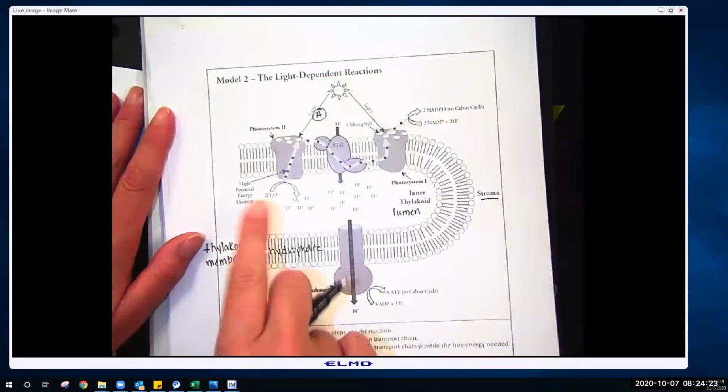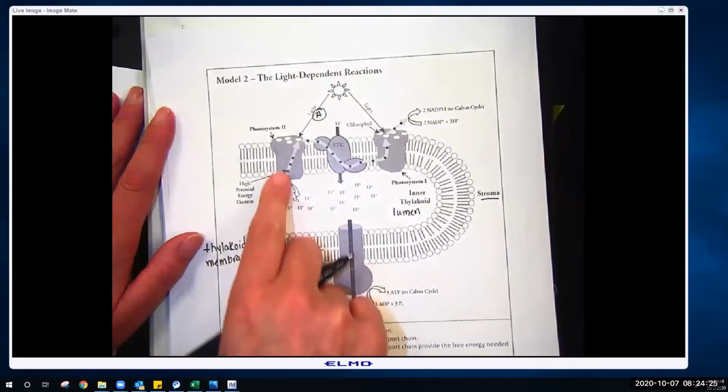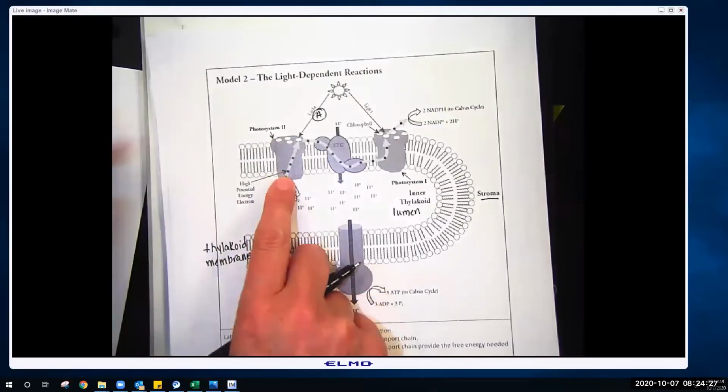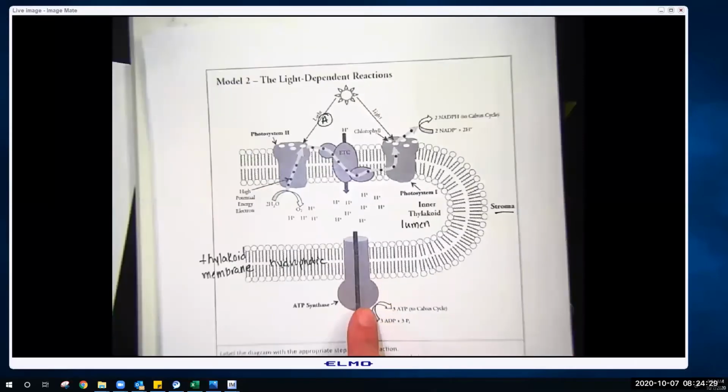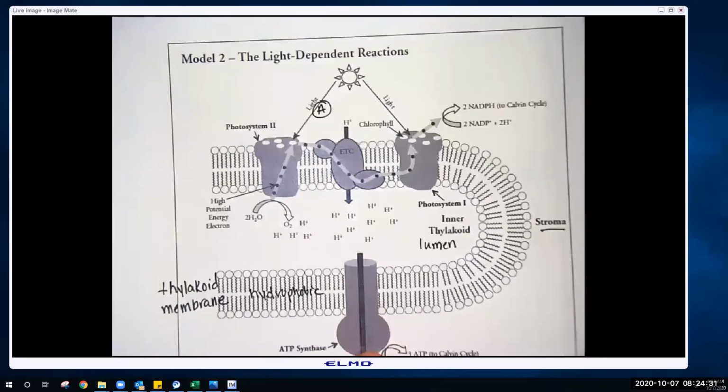What it is hitting here, this is called photosystem 2. What the photosystem is, it's a group of proteins that hold a whole bunch of pigment molecules. And a pigment molecule is just a molecule that we can see because it has a color, but those are molecules that can absorb light. And if light is absorbed, we can harness that energy from the light and they hold on to it.